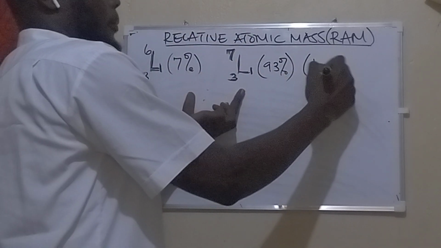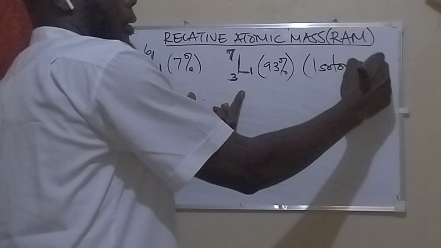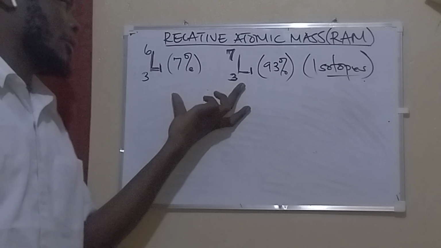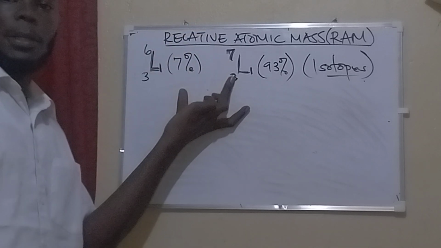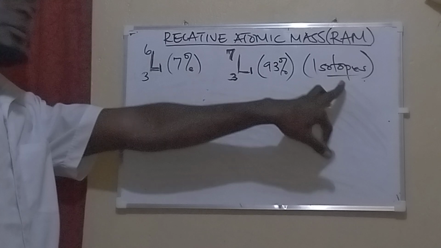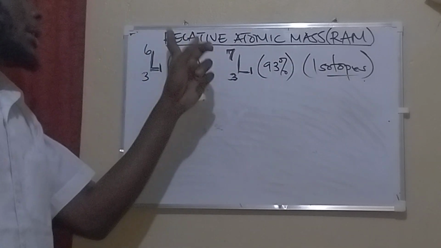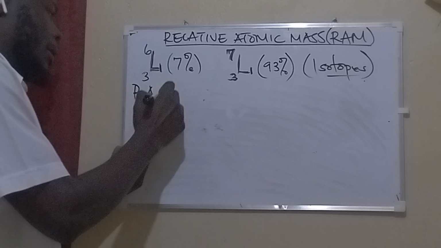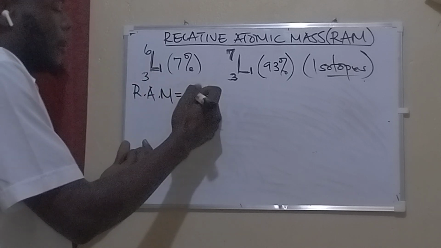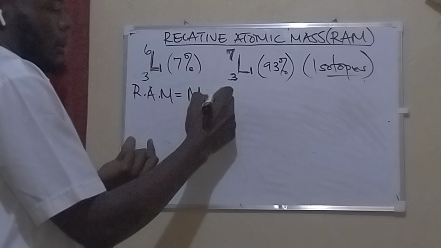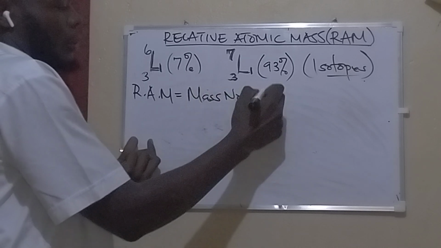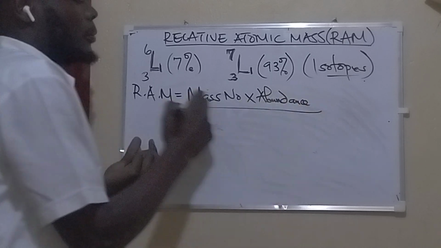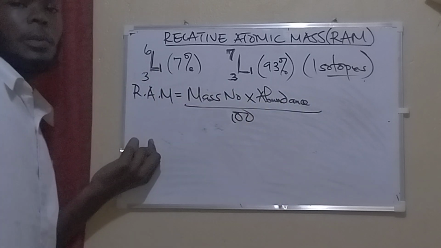So this type of case, where we have two atoms of the same element having the same atomic number but different mass number, we call them isotopes. So how do we calculate the relative atomic mass? We usually take the mass number and multiply by the abundance, then divide by 100.